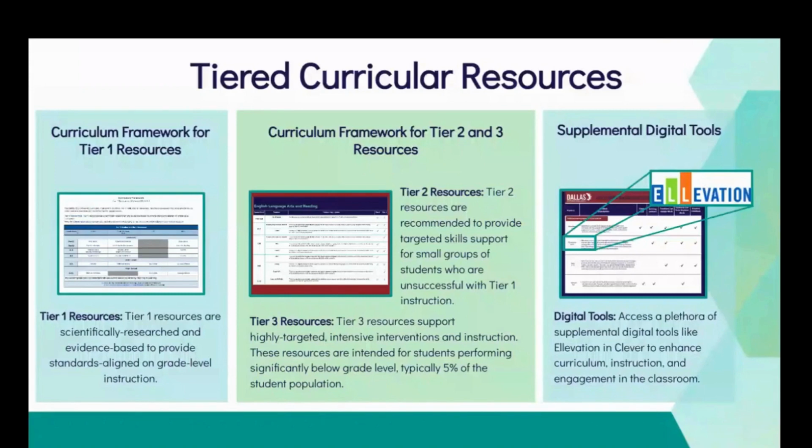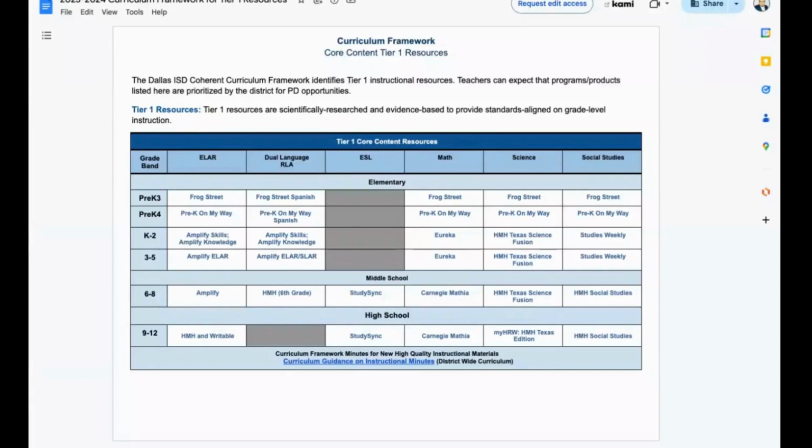Throughout the school year, we have provided you with tier curriculum resources for Tier 1, Tier 2, and Tier 3. We have linked these curriculum resources in the participant guide provided earlier. Take a look at some of the documents that we have provided. For Tier 1 instruction, you will see the framework listed on your screen.